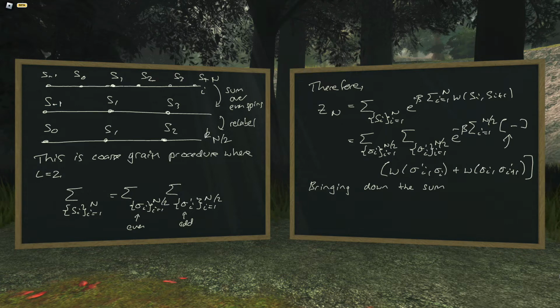So S_{i+1} becomes sigma prime i, sigma i, and then the next one is sigma_{i+1} prime, right? So these two lines are just rewriting things. He didn't really do anything. It's just expressing things in different notation.